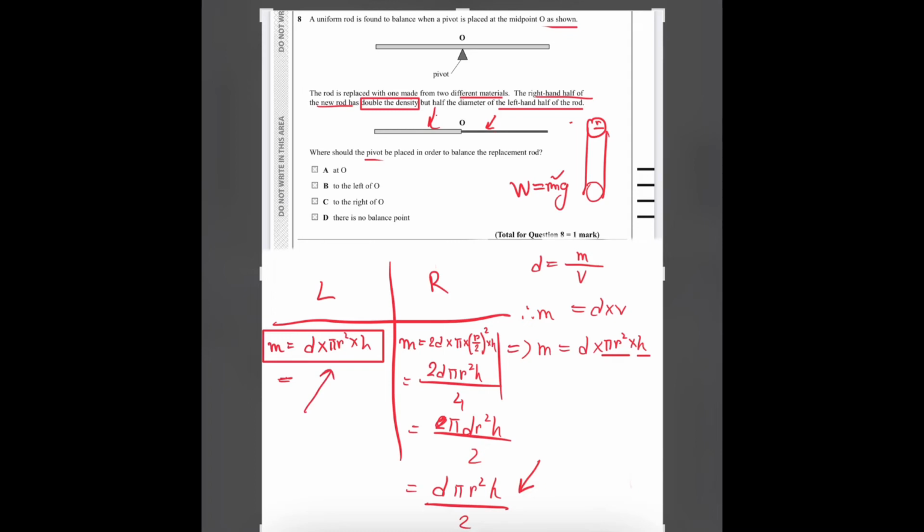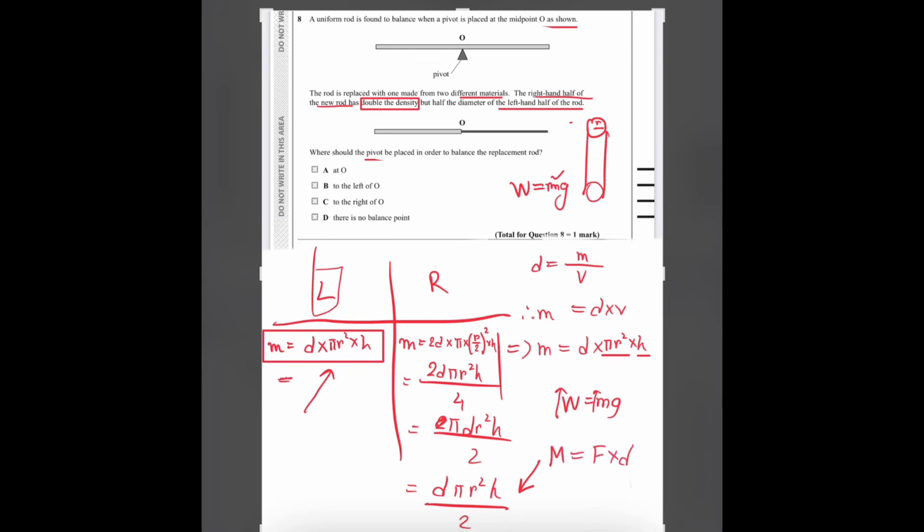So we can easily say that since the mass on the left hand side is greater, and W equals mg, W is greater. Since W is greater, we also know that moment equals force into distance.